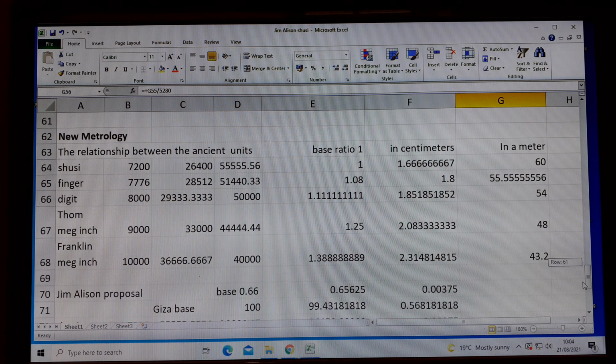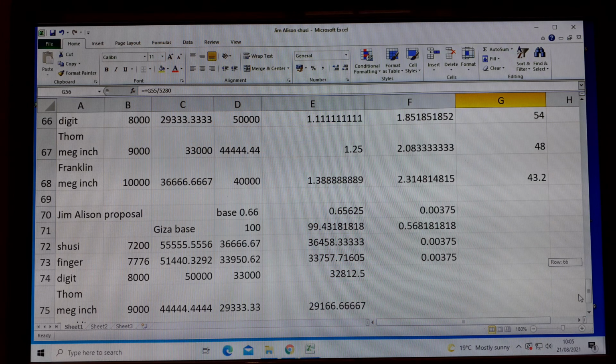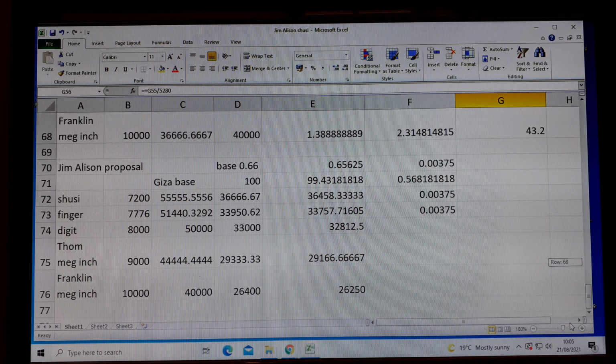And we get 36666.666 recurring inches in the Giza base, which is Weiss's measure. There's nothing wrong with Jim's proposals, and they're standing up fantastically well, and he's brought the Shusi into the whole analysis. And for me, Jim is arguing that he's discovered the correct unit of measure, and my suggestion is that the correct unit of measure is 0.66 inches for the Shusi, which is the one that Berryman uses in his book.